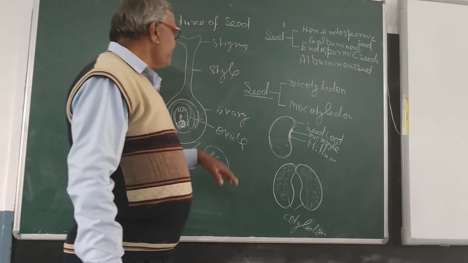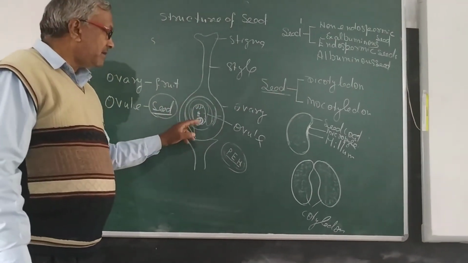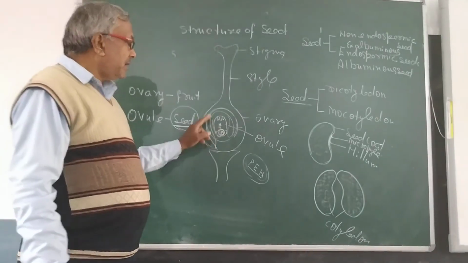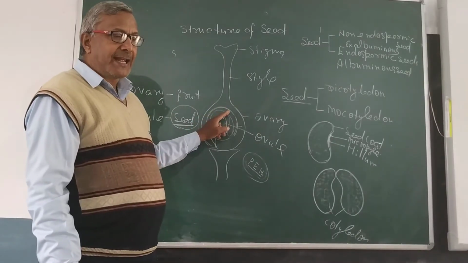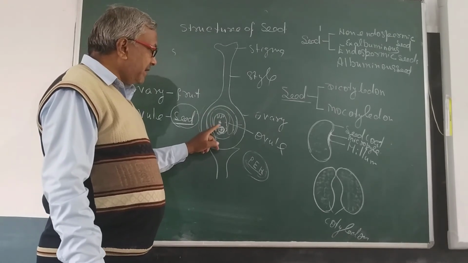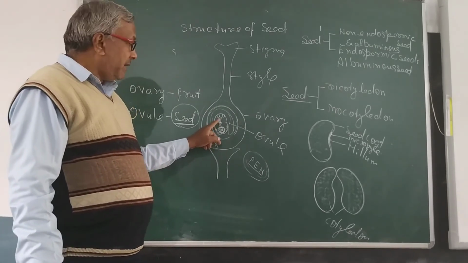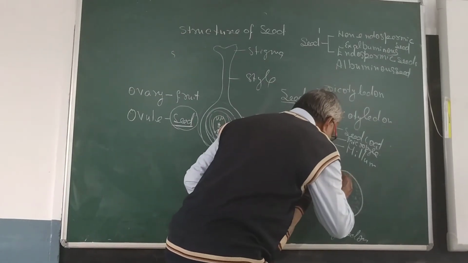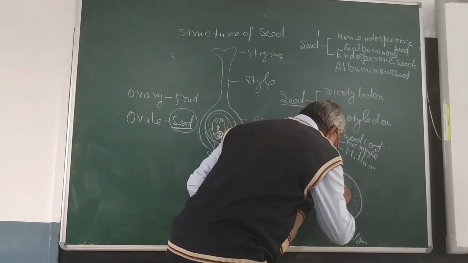So I told what is the seed? Seed is the matured ovule. It develops from the ovule after fertilization. Seed contains embryo. Embryo is in the inactive form. So here embryo is present.